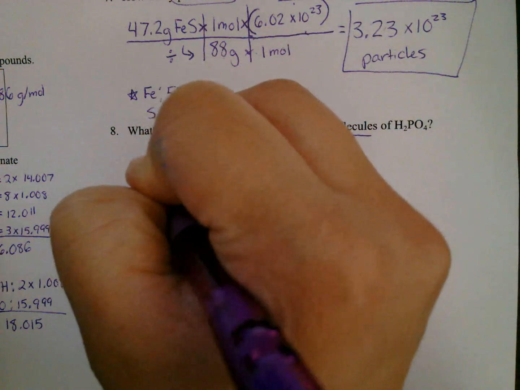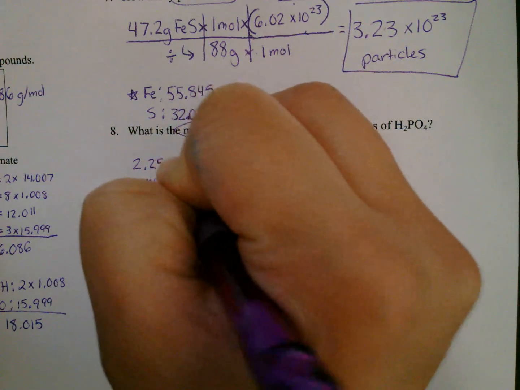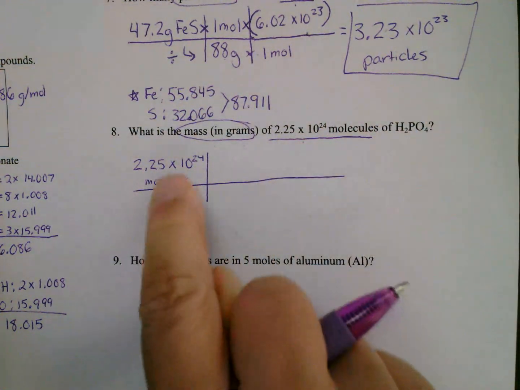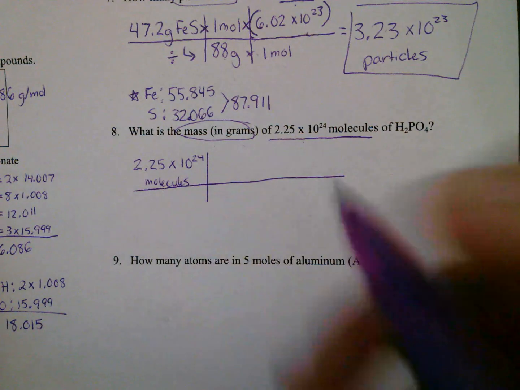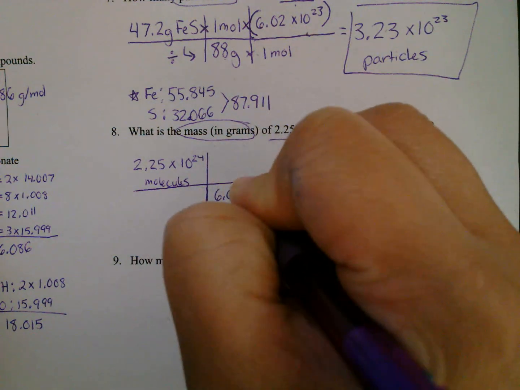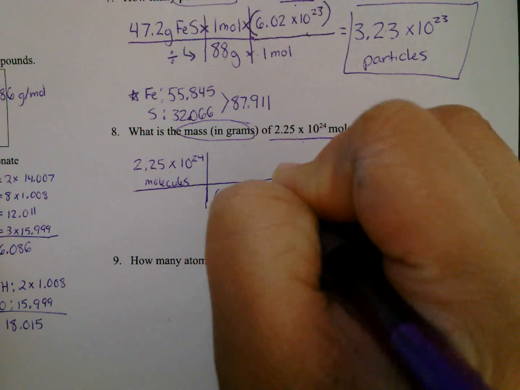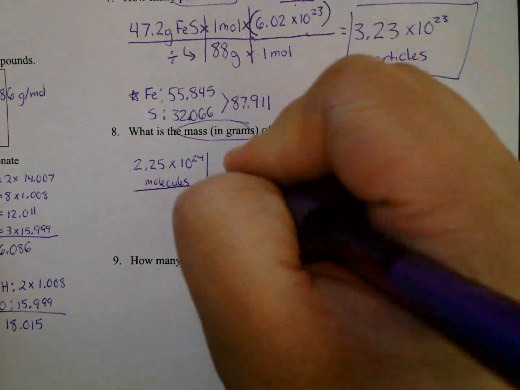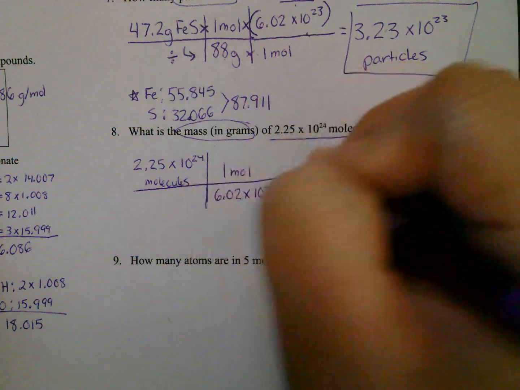Those are my molecules. Since I have a large number at the top, I'm going to put Avogadro's number at the bottom, 6.02 times 10 to the 23rd. And then I'm going to put my standard 1 mole on top of that.